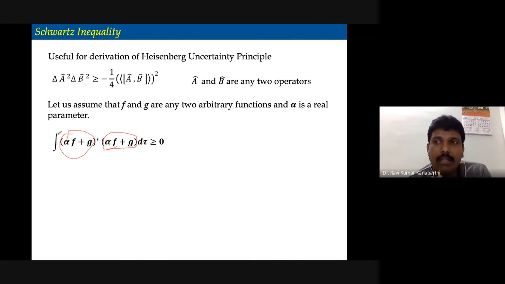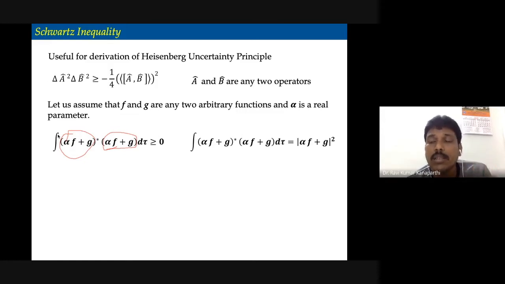This relation will be true because the integral is certainly a positive quantity. Essentially, this is nothing but the modulus of alpha f plus g, whole square, which is the probability definition.